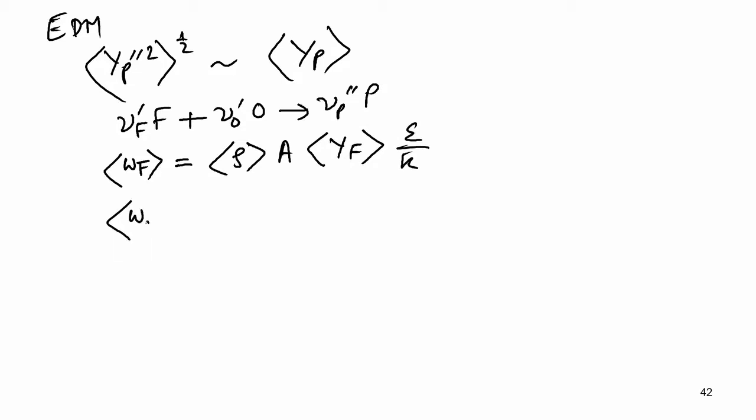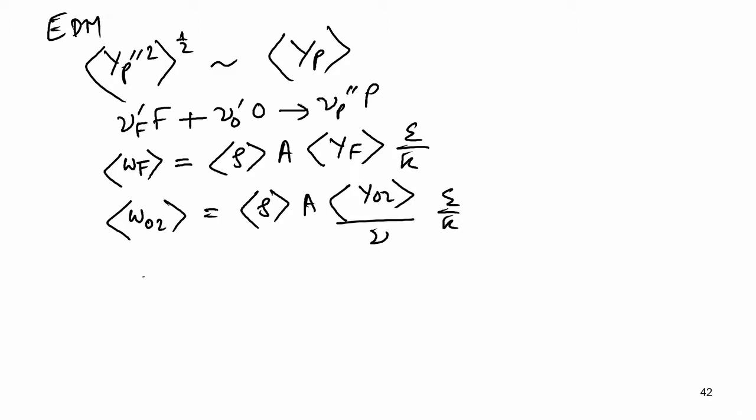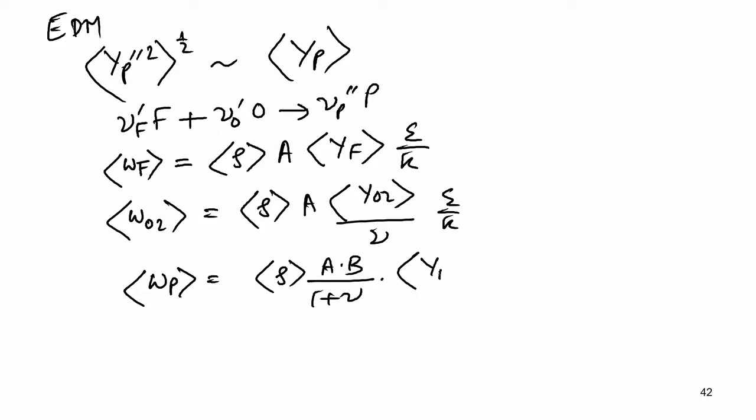And the mean consumption rate of O2 is essentially equal to mean density times A times mean YO2 by nu times epsilon by k. And the mean production rate Wp is essentially equal to mean density times A times B by 1 plus nu, another modeling constant, and Yp times epsilon by k. Okay.